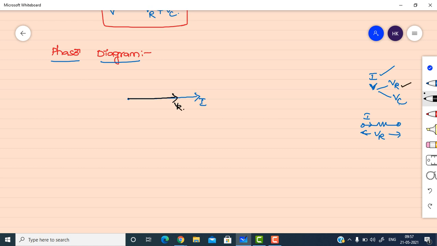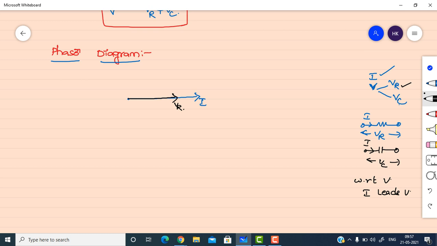Next, VC phasor. VC means voltage drop across capacitor. We know with respect to voltage, current is leading or lagging? Current leads voltage, right? In case of capacitor, current leads the voltage. That is when you take voltage as reference.